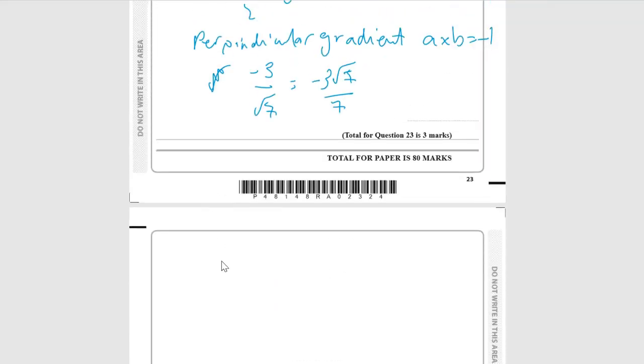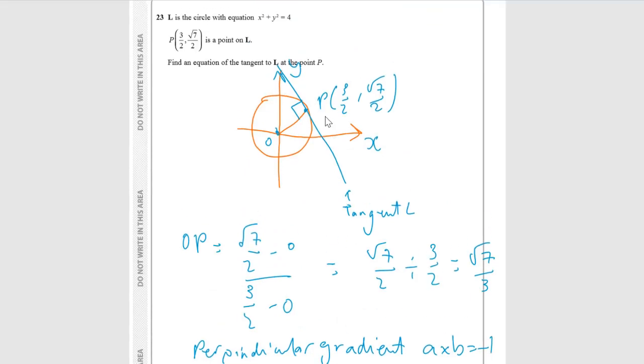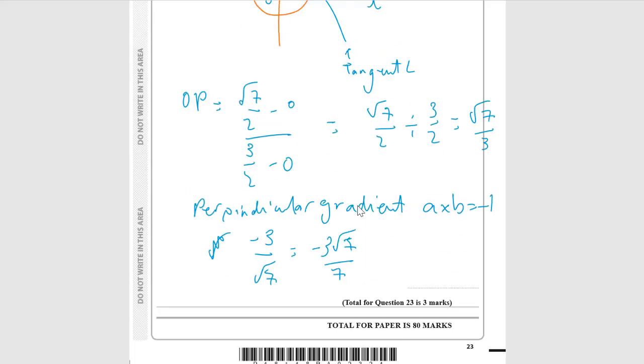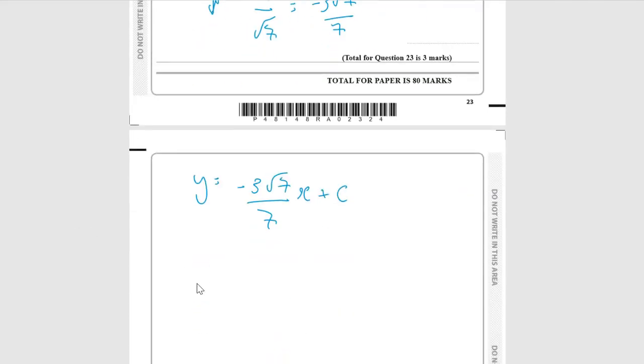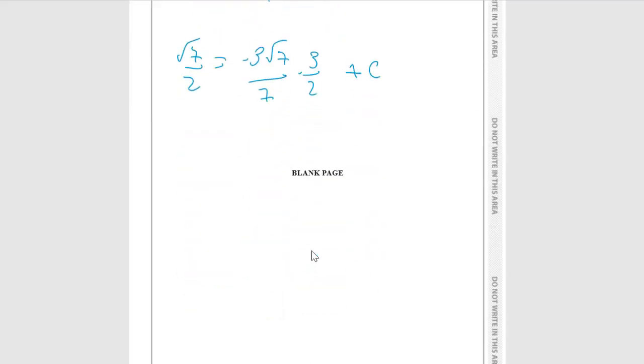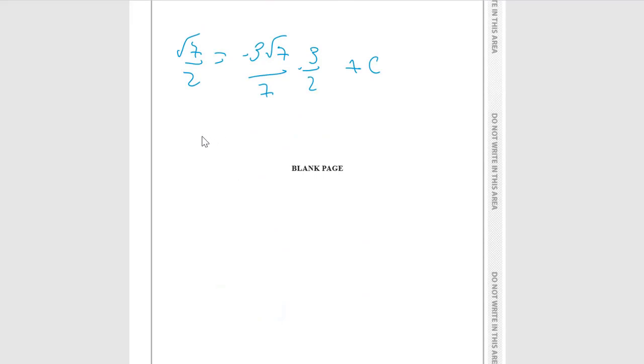Let's continue on here. And then we know y equals minus 3 square root of 7 over 7 x plus c. Remember, we have our point P here, so all we needed was the gradient and the point P. So we said square root of 7 over 2 equals minus 3 square root of 7 over 7, and then x is 3 over 2, plus c. And here now all we need to do is some rearranging.